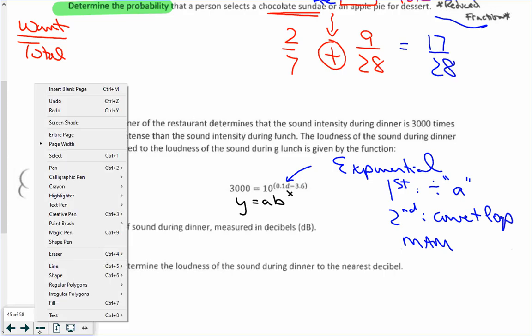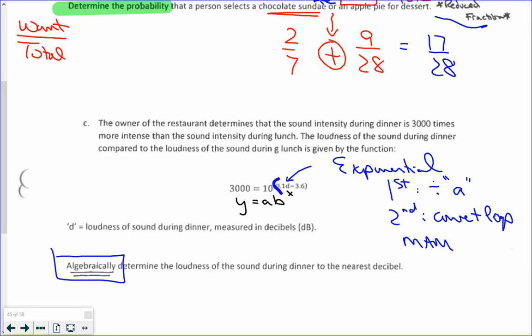I'm just going to use erasable ink here. That's the X. Okay. That's the base. There's no number in front of the 10. So what number do we assume is there? 1. The A here is 1, not 10. 10 is the base.